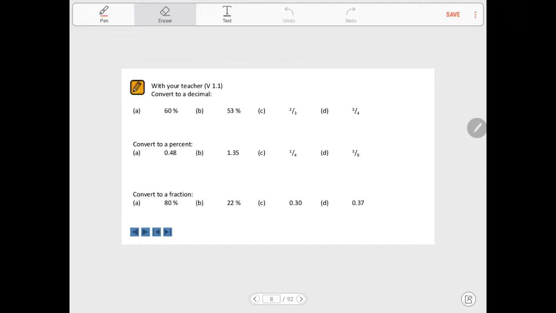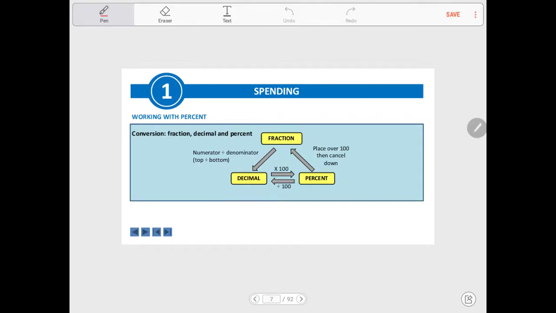So the first one, we're going to be converting two percentages and two fractions into decimals. So if we look back at our diagram, percentage to decimal follows this arrow. So we need to divide by 100.